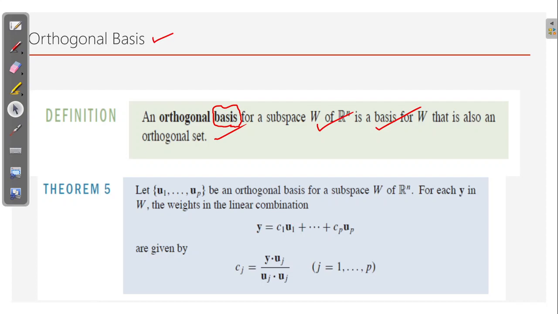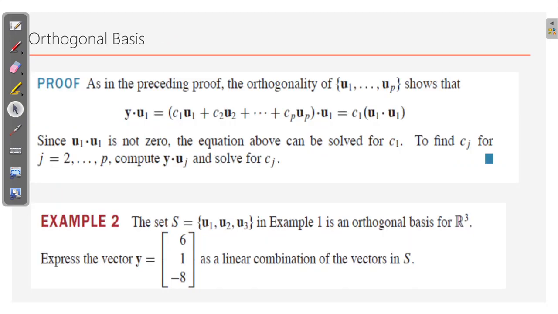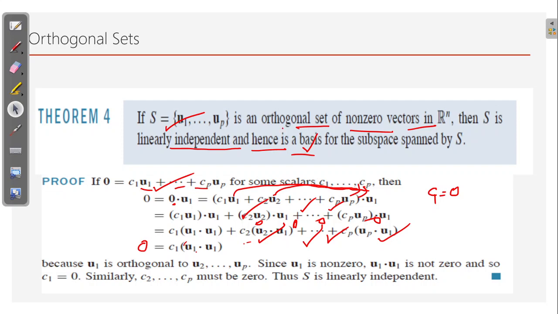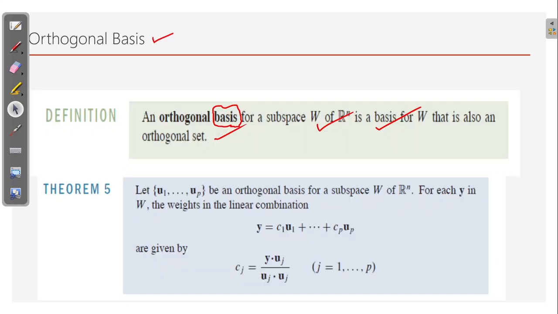You should remember this theorem. In the proof of this theorem, as in the previous orthogonal set proof, we computed the coefficient values c1, c2, c3, etc. cp by taking the dot product with u1, u2, u3, etc. up. The same concept is here also: cj equals y dot uj divided by uj dot uj.